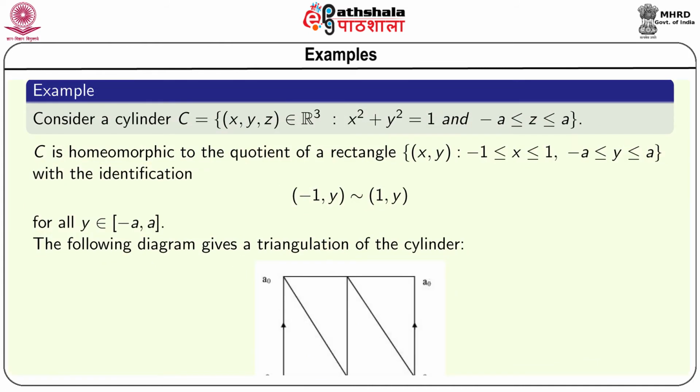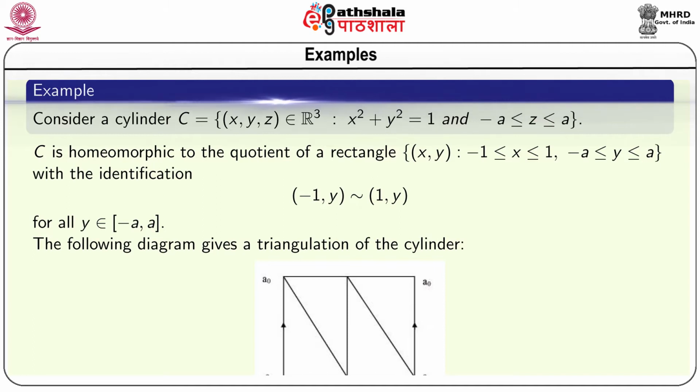In the next example, we take a cylinder. C is the cylinder which contains all the points (x, y, z) in R3, satisfying the conditions that x square plus y square equal to 1 and z lying between minus a and plus a.